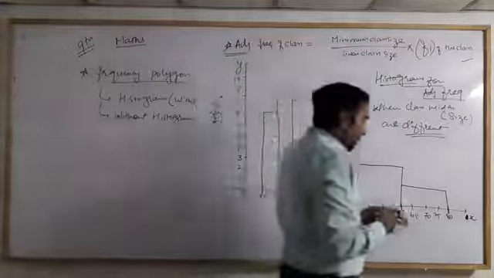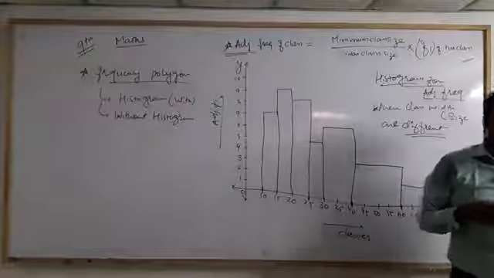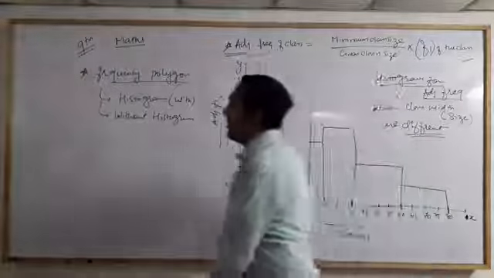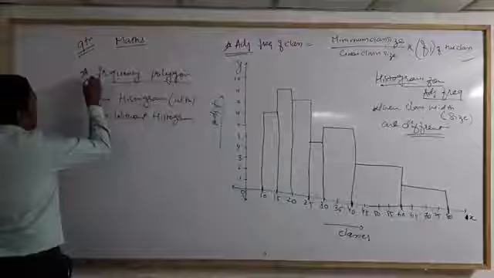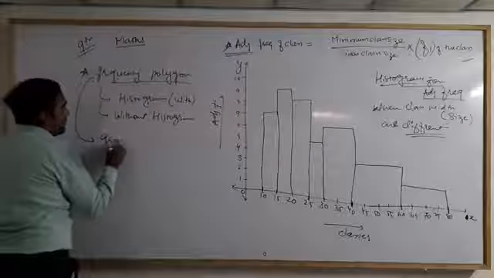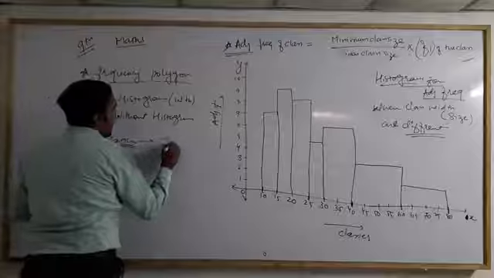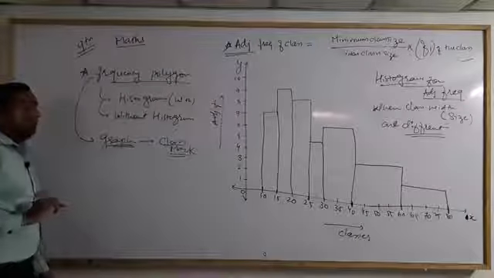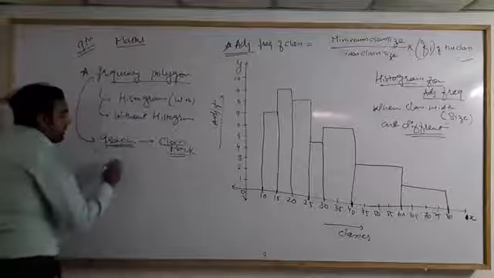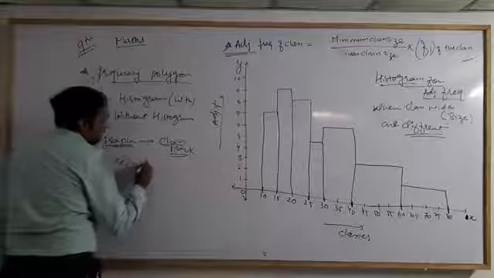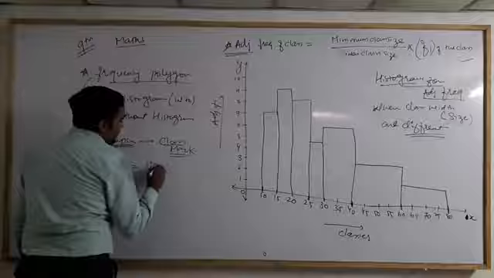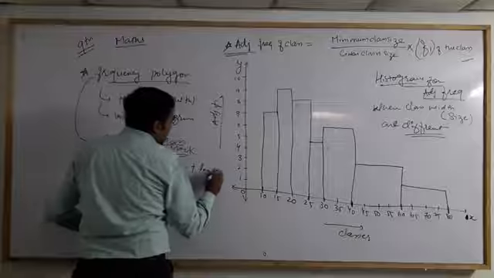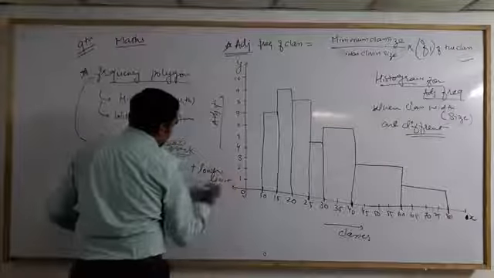In the frequency polygon we are learning about xi. We are showing xi, that is the class mark, that I already told you we use for the frequency polygon on the graph. We show the frequency polygon on the graph using the class mark, that is, xi is equal to upper limit plus lower limit divided by 2.